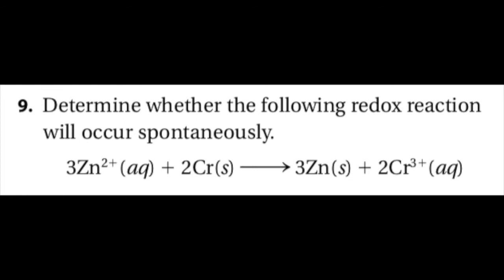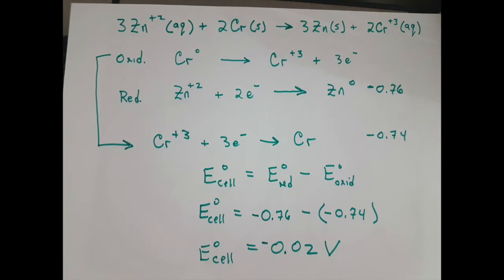They're both written as reduction. So there you have it. The oxidation reaction is chromium 0 to chromium plus 3, and the reduction is zinc plus 2 to zinc 0. But you're going to write the chromium oxidation reaction as a reduction reaction, chromium plus 3 to chromium 0.